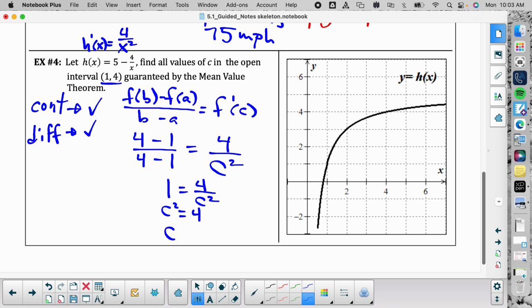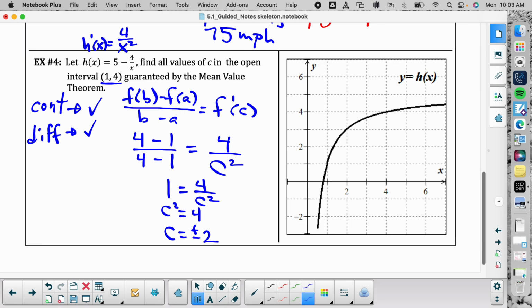And then c can be plus or minus 2. Wait, didn't you tell me it was 1? Or were we talking about the slope the whole time? I was talking about the slope. Why the c squared at the bottom? Why did we just do 3/3? The left-hand side was 3/3. I just wrote 1.